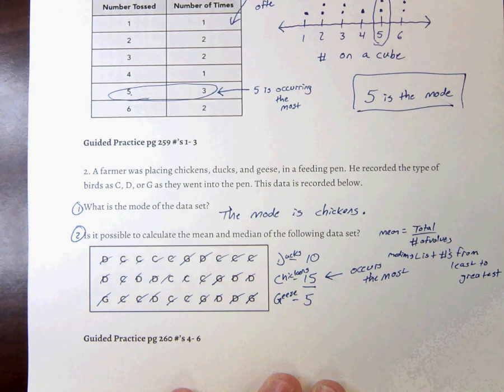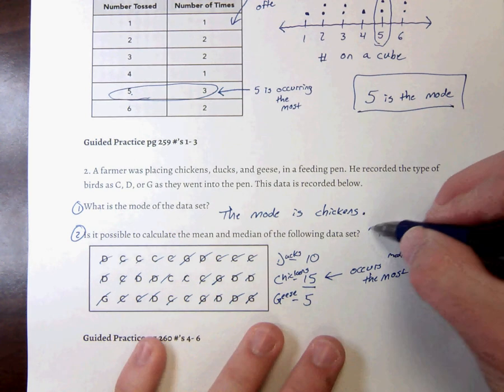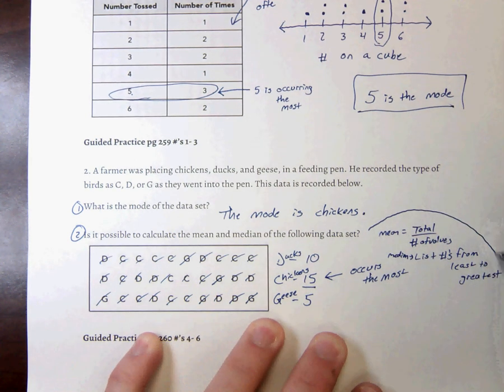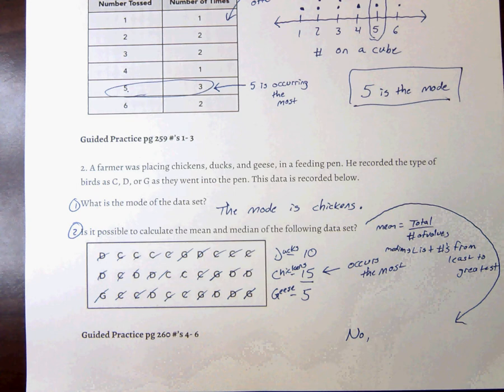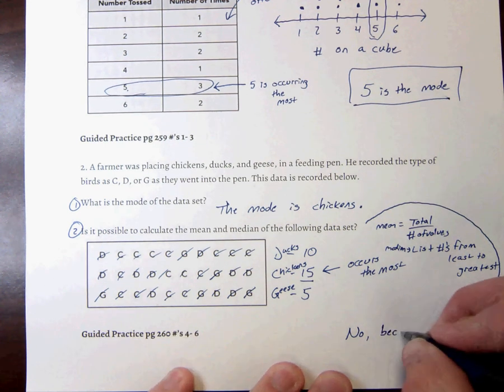So my answer would be, I'm going to draw an arrow and write it right on down here. No, it is not possible because we don't have numerical values.